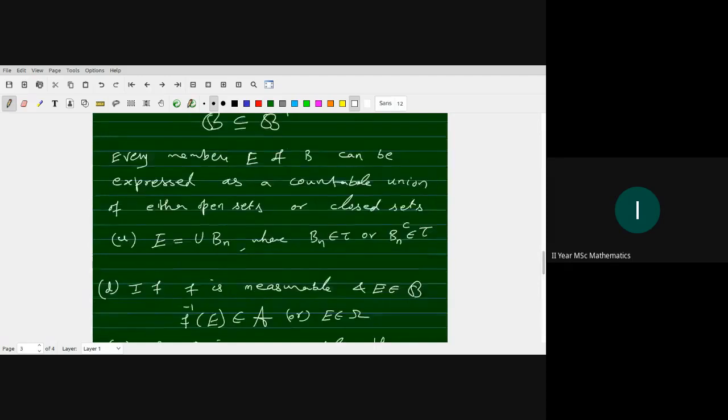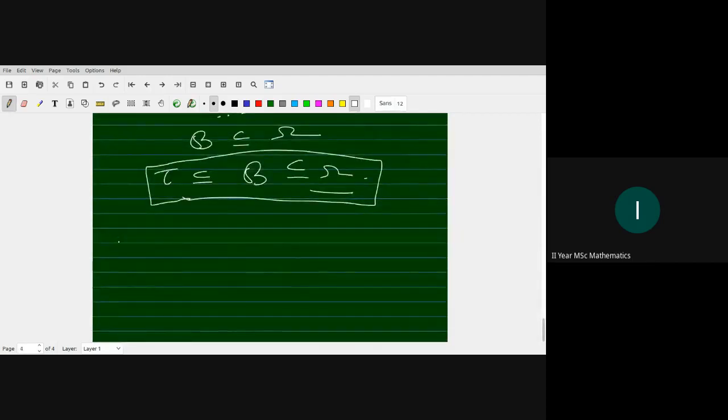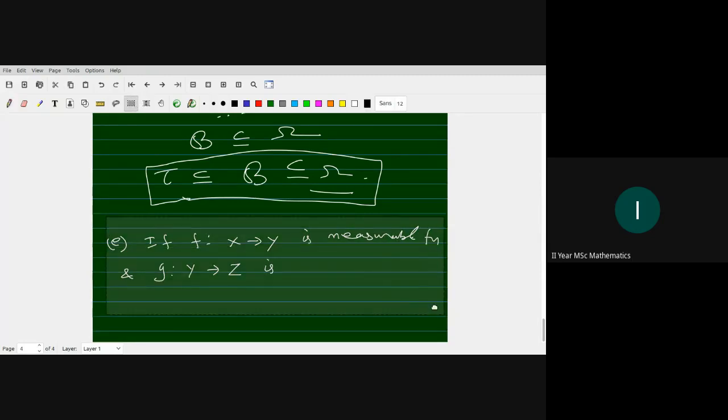This is the last result regarding if f from X to Y is a measurable function and g from Y to Z. Before writing the result, we write a definition.